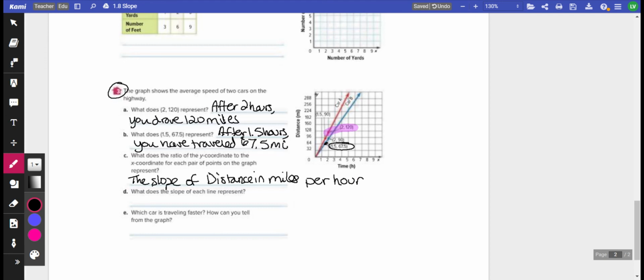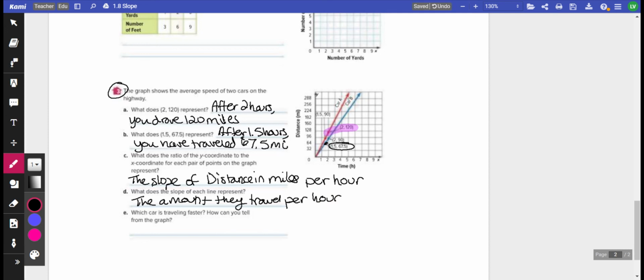Letter D, what does the slope of each line represent? The amount they travel per hour. Letter E, which car is traveling faster?